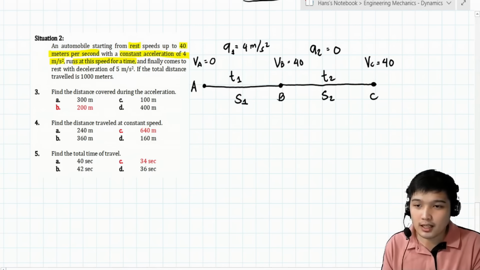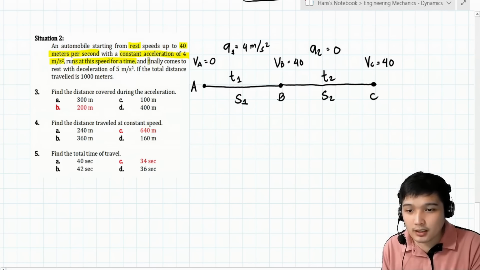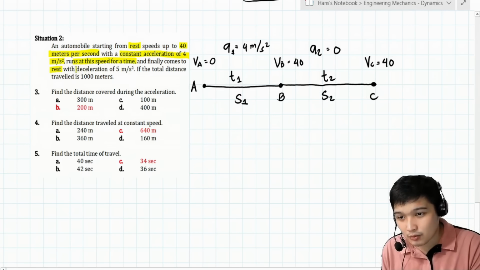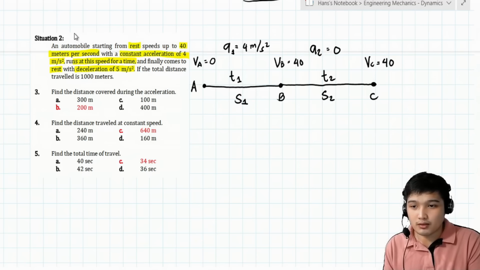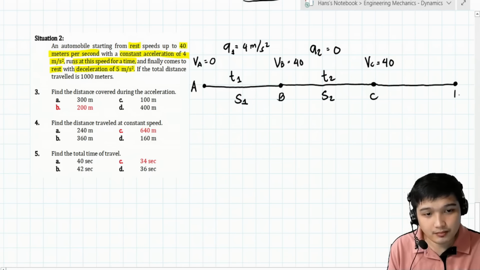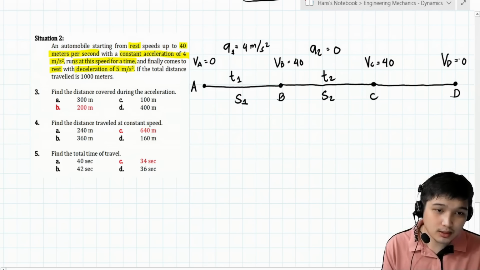And the last part stated in the problem: it finally comes to rest, so its final velocity becomes 0. This happened with a deceleration of 5 meters per second squared. So from C, it travels a certain distance up to point D. Upon arriving at D, its velocity is 0.